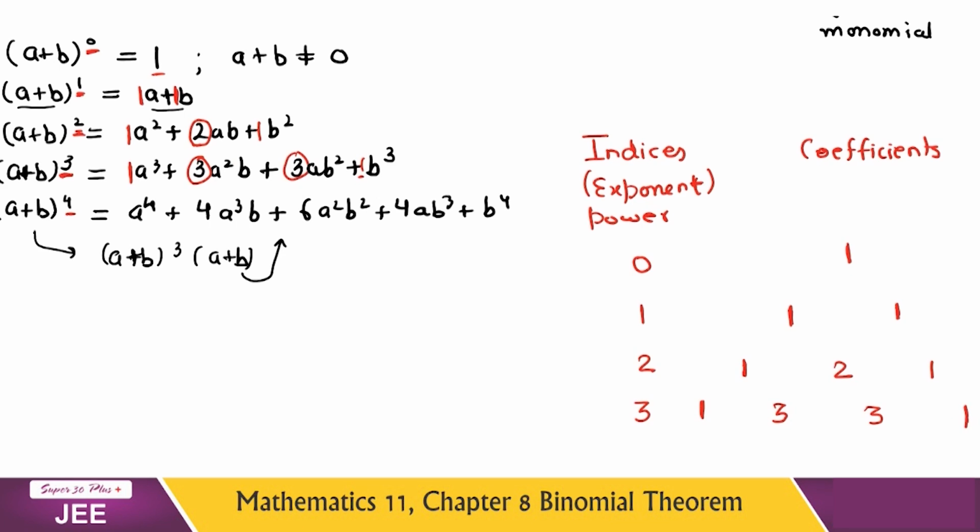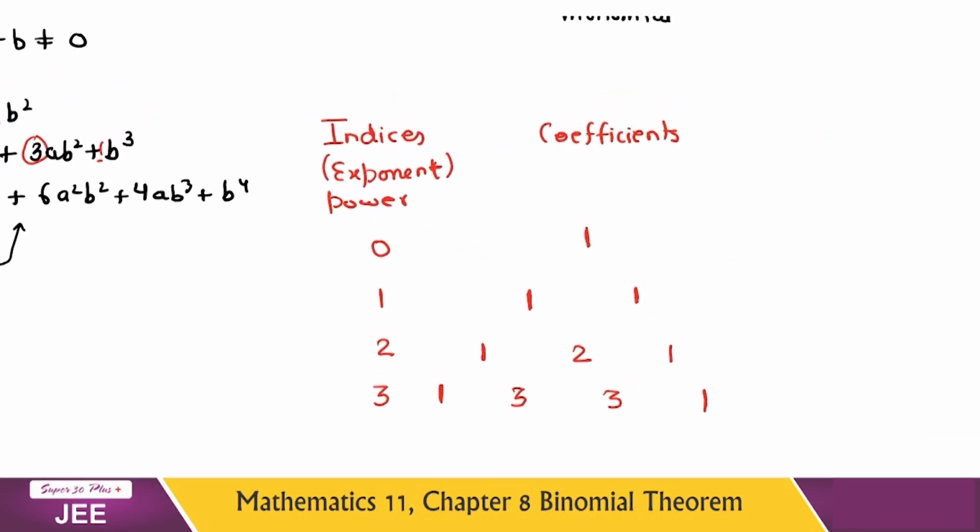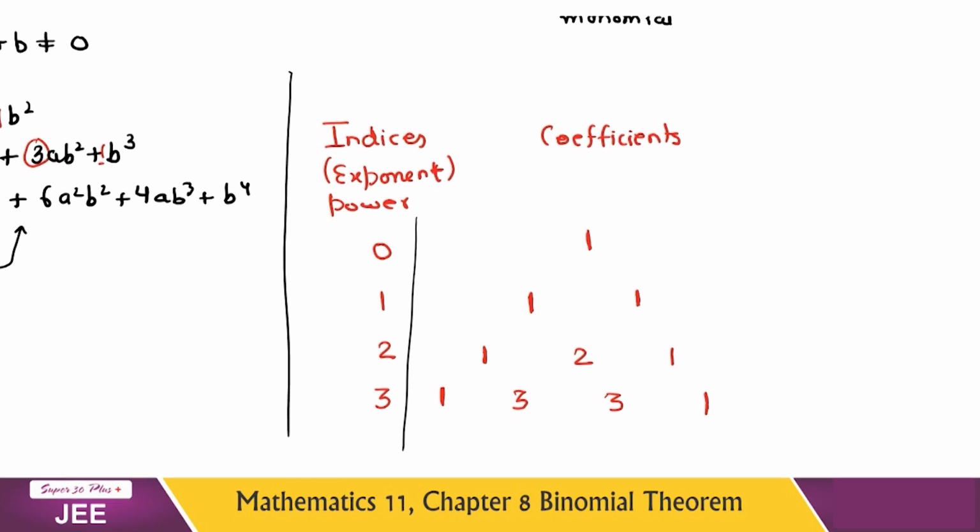Let me take you to this part. If you carefully observe, a pattern is being made: the first element over here is 1, the first element over here is also 1, and the numbers at the extremes are also 1, 1, 1.